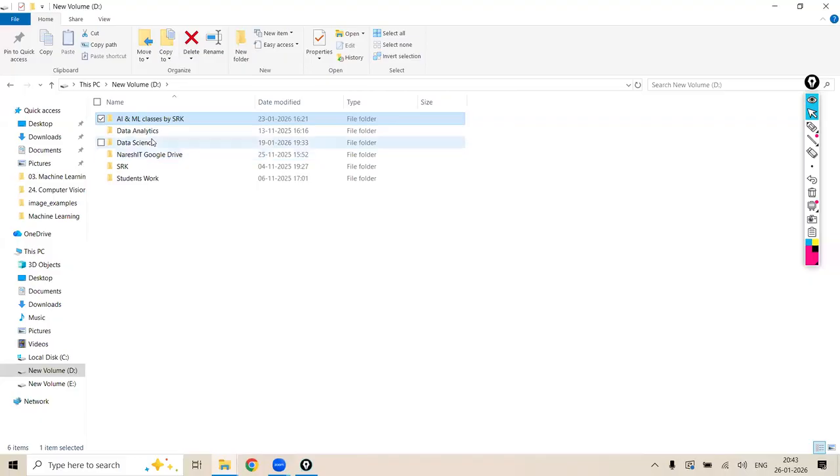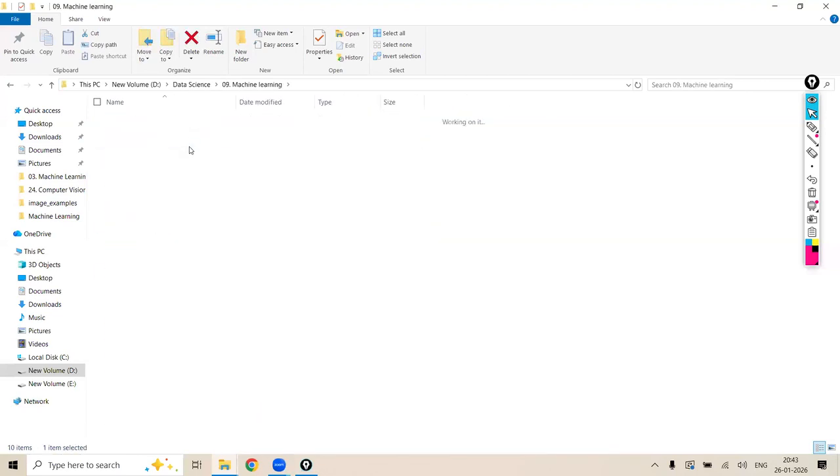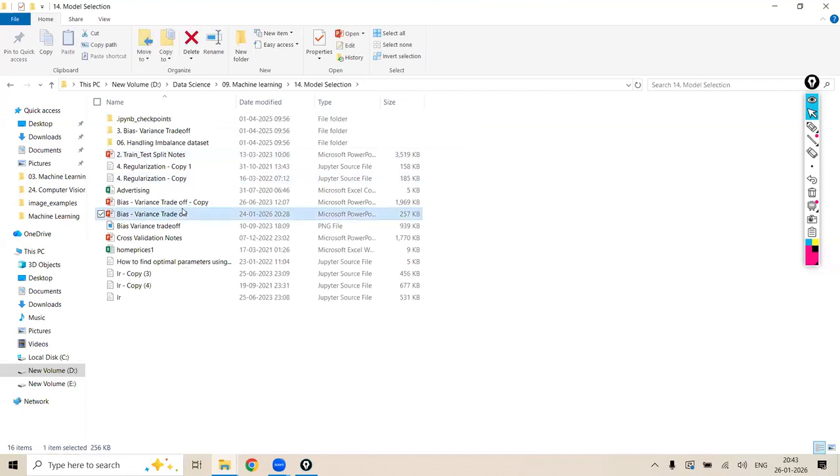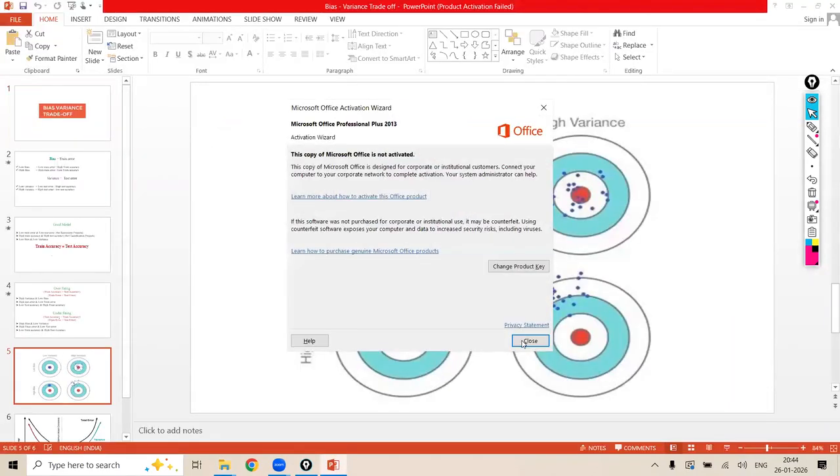Can you share the screen of the bias variance table comparison? Which table? I didn't understand your question. You're asking about this diagram. Sharma, is this what you mean? One minute.